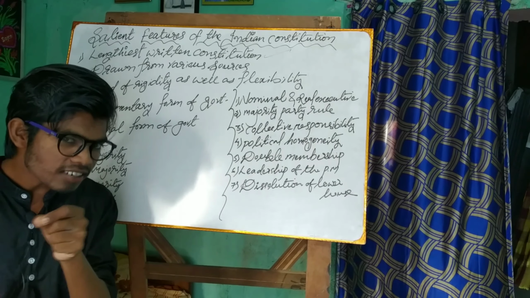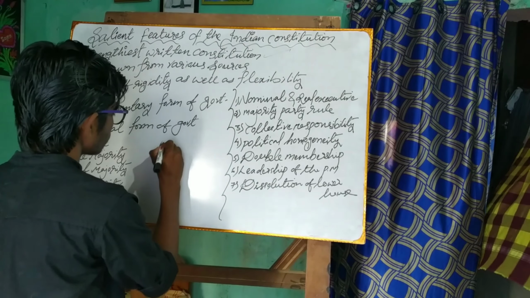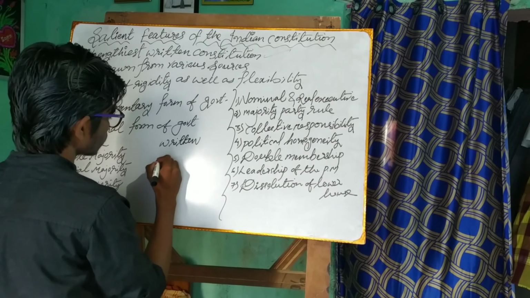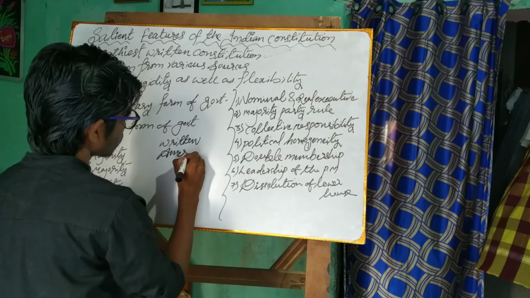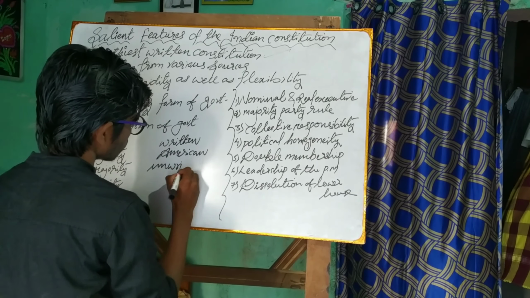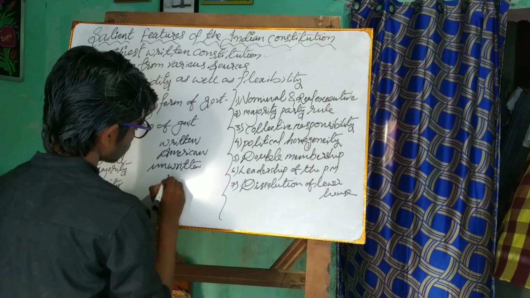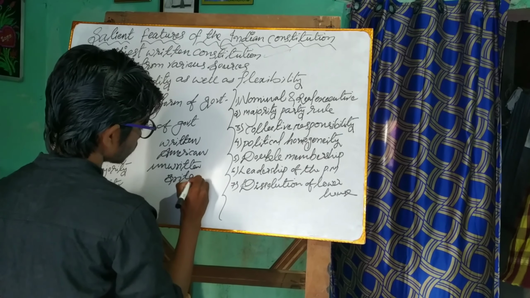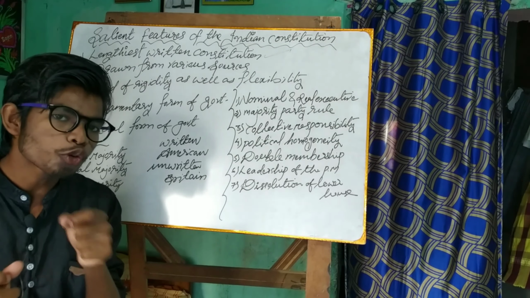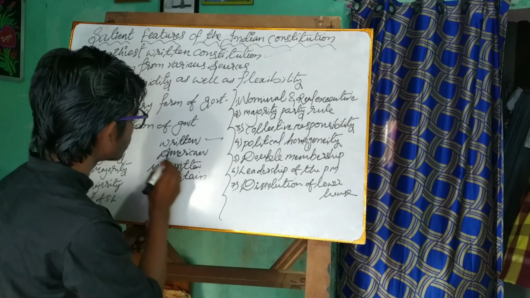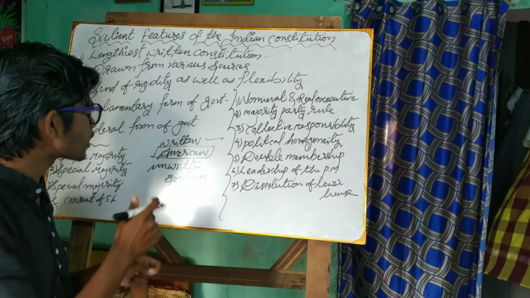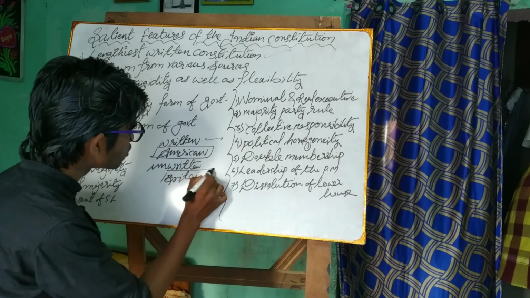One is the written constitution, for example, the American Constitution, and the other is the unwritten constitution, for example, the British Constitution.